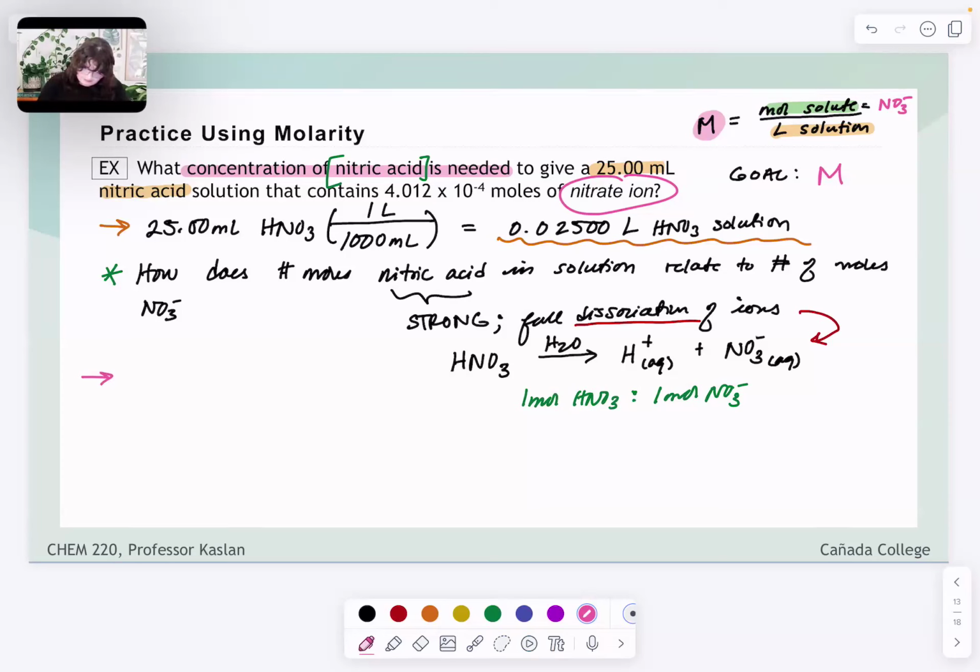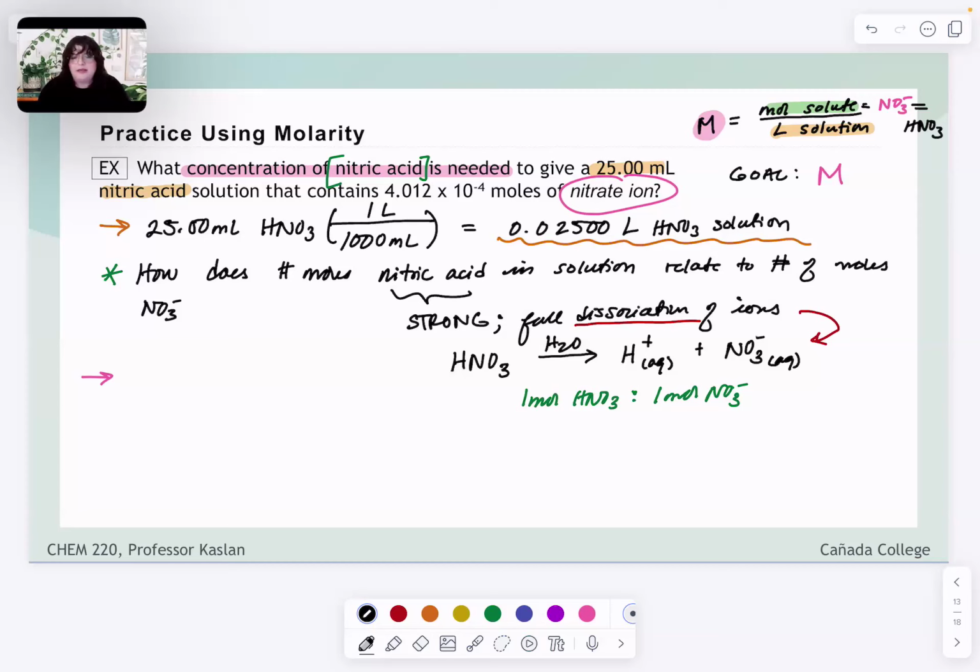So let's see here. If we know that the moles of HNO3 is equal to the moles of nitrate, then really this problem is saying that the nitrate moles is equal to the nitric acid moles, and we don't need to worry about whether we're thinking about this dissociation.